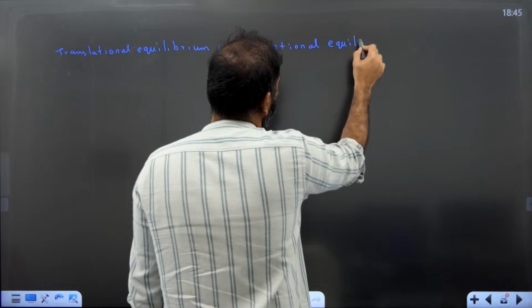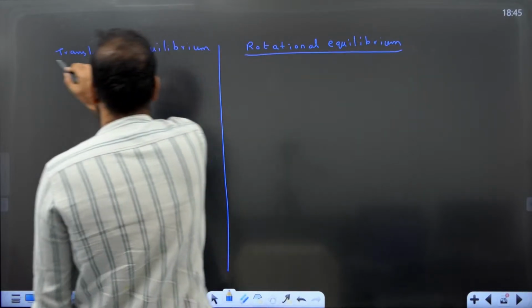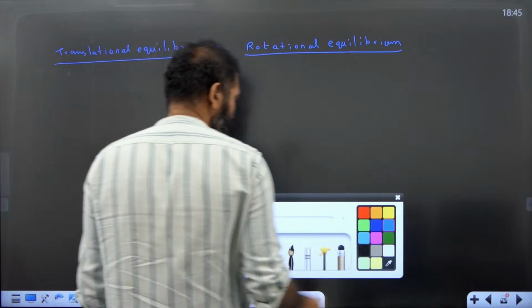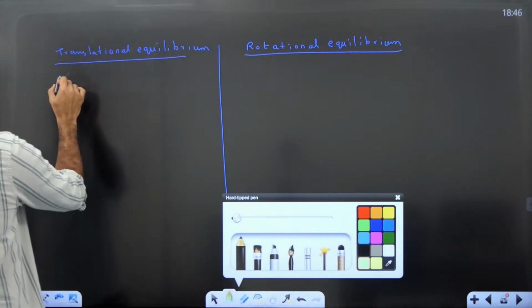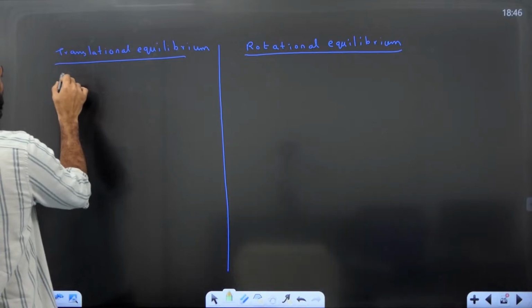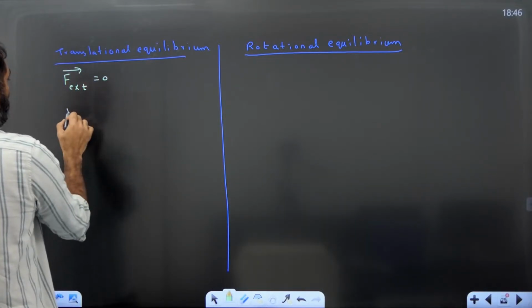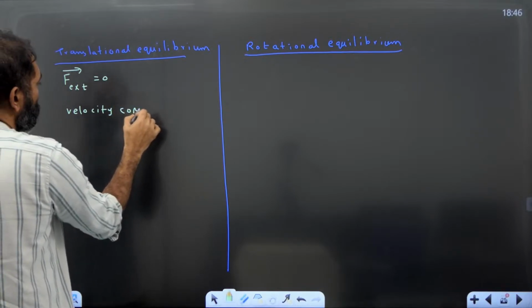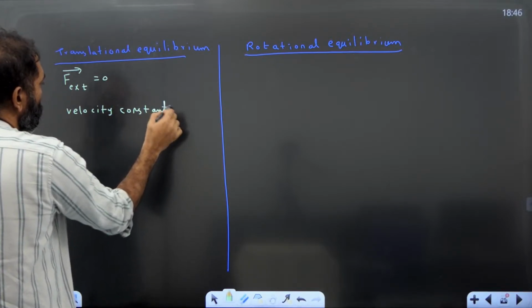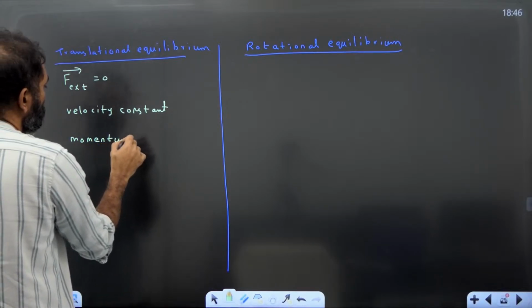What are the points in translational equilibrium? External force 0, velocity constant, momentum constant.